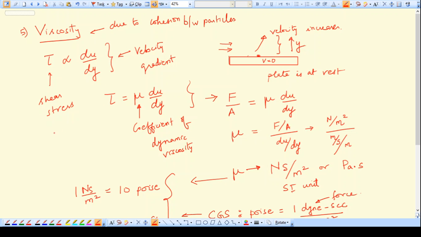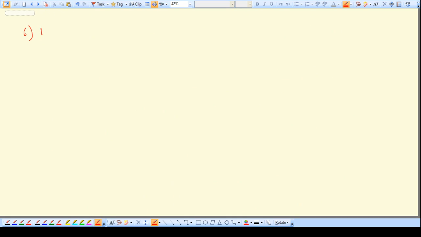So this mu is the dynamic viscosity, or the coefficient of dynamic viscosity. Next is the kinematic viscosity.